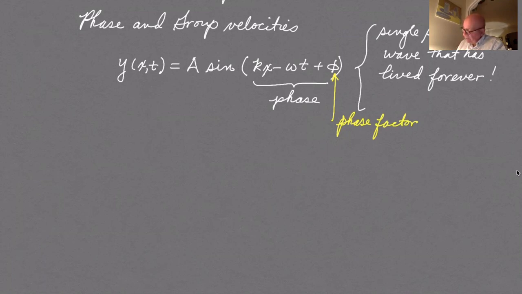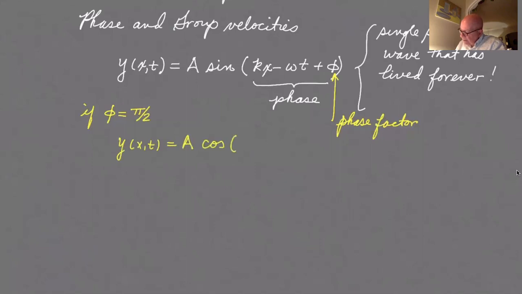For instance, if phi were equal to pi over 2, then y of x,t would be equal to A cosine of kx minus omega t.